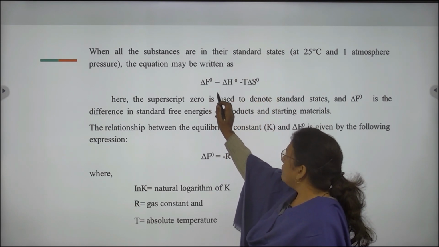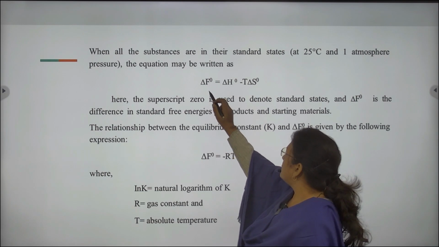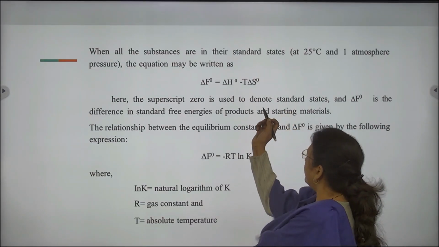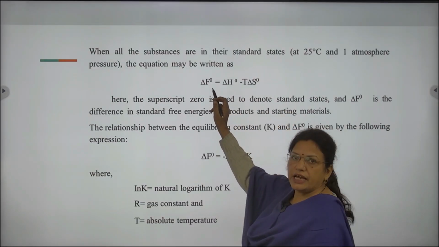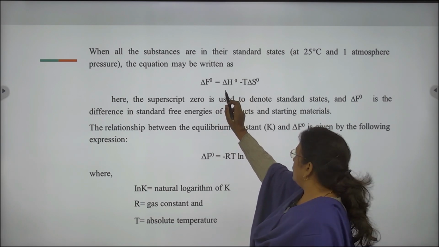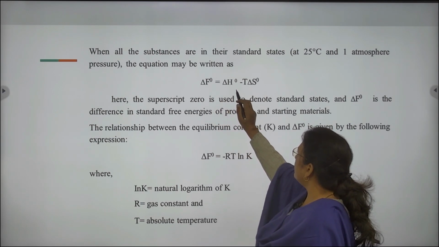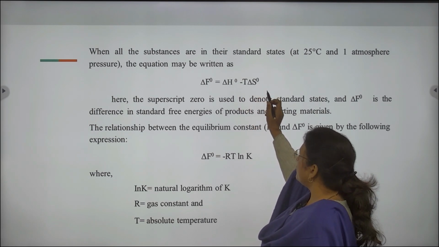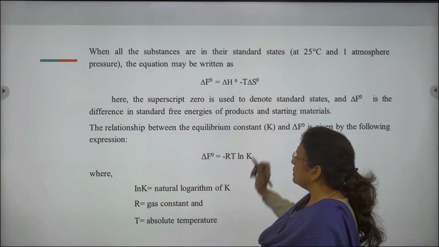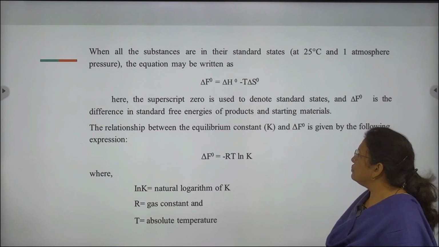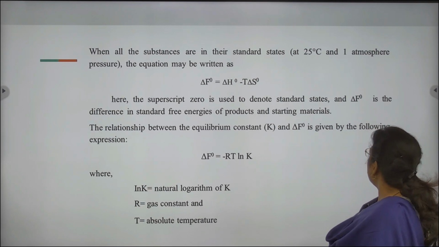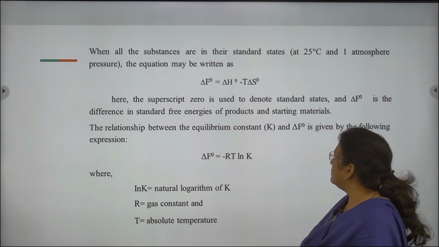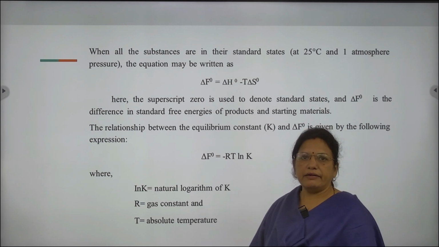Here delta F0 is the free energy change at standard state, delta H0 is the change in enthalpy at standard state, T is absolute temperature and delta S0 is the entropy change at standard state. Here the subscript 0 is used to denote standard states and delta F0 is the difference in the standard free energies of products and reactants.